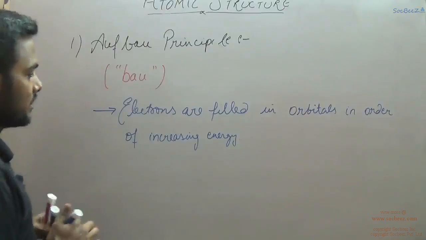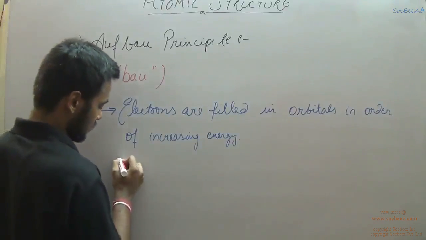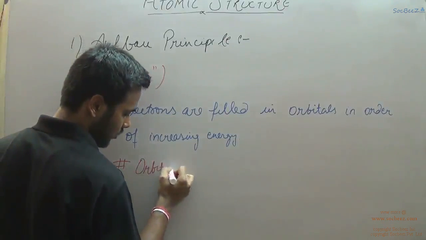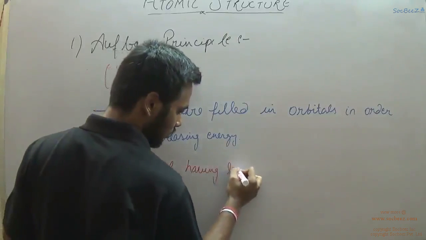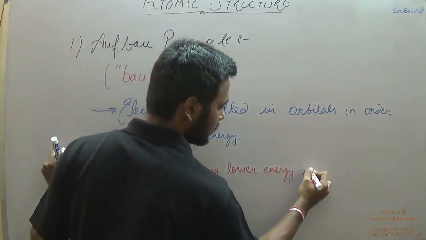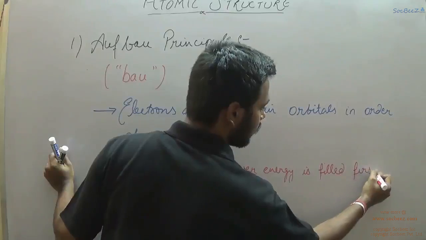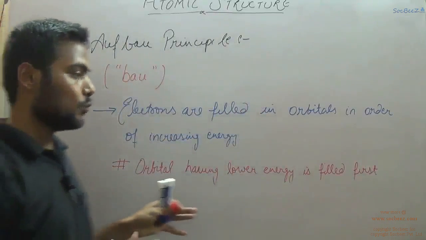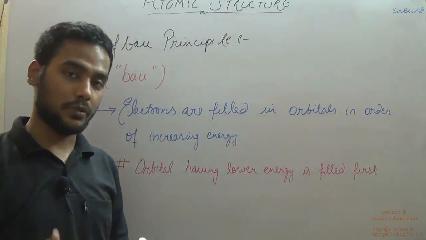That is, it says that the orbital having lower energy is filled first. Therefore, 1s orbital is filled before 2s orbital or 2p orbital.